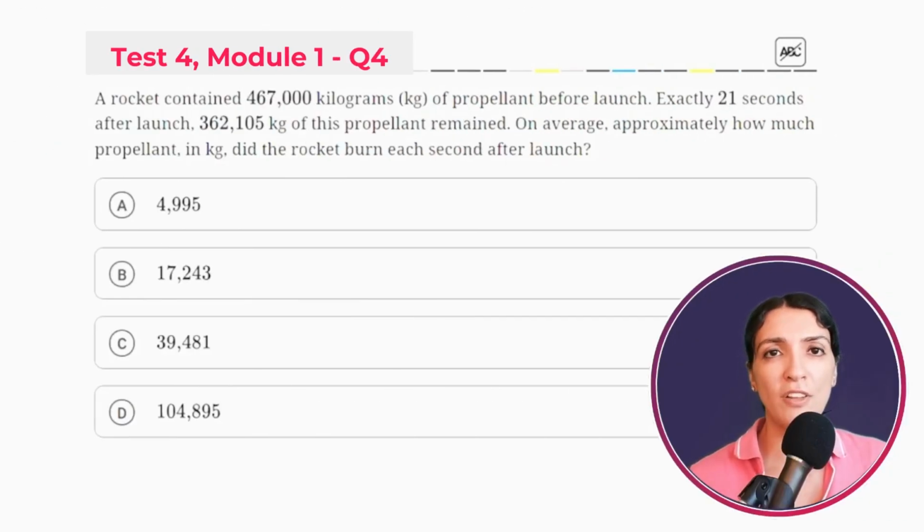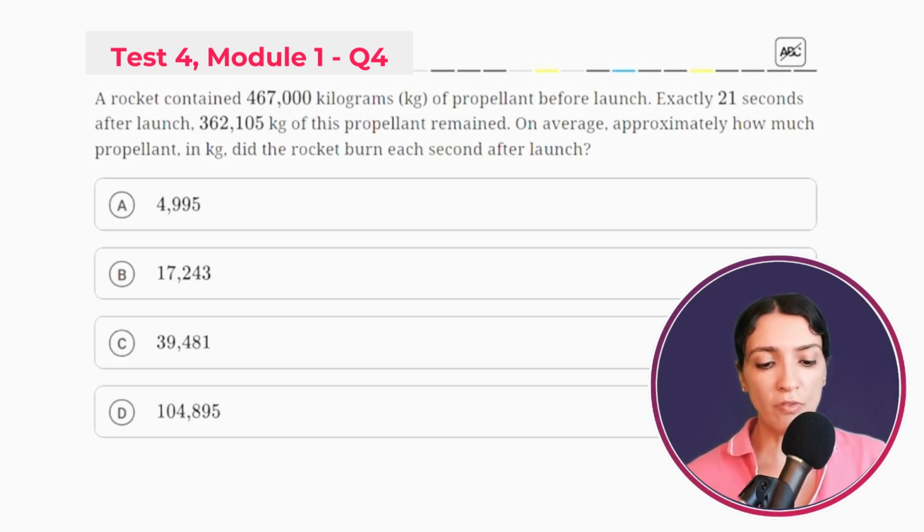This question involves computing a rate. We're given the initial and final values of a propellant, and we're asked to find the rate at which it was used. So the first thing that we want to do is find the difference between the two values to see how much propellant was used.